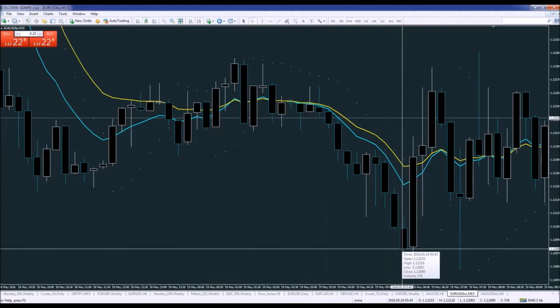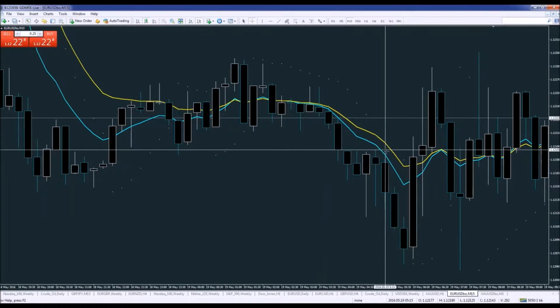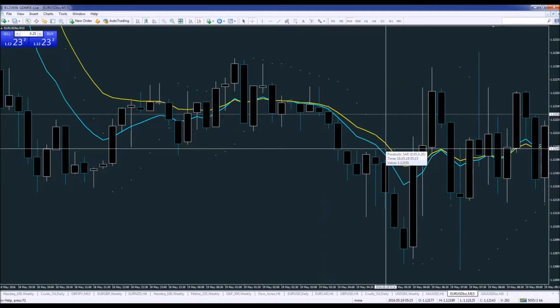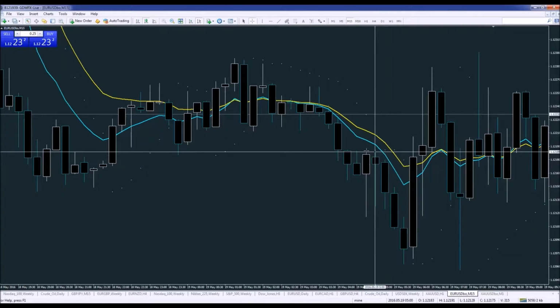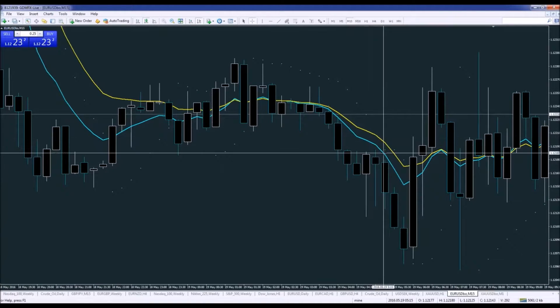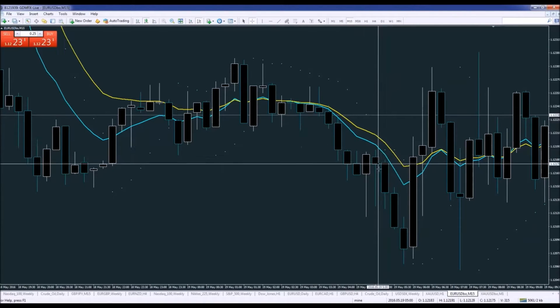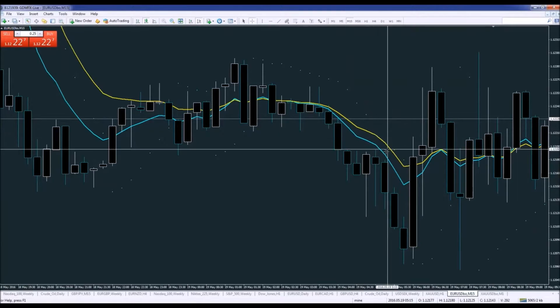Even if it continues down, we can still have another opportunity here, because as you can see, the parameters of this parabolic give you the opportunity to see where a retracement occurs, because during the retracement there is no parabolic, neither up or down, or the distance between those is very big, here and here, here and here.